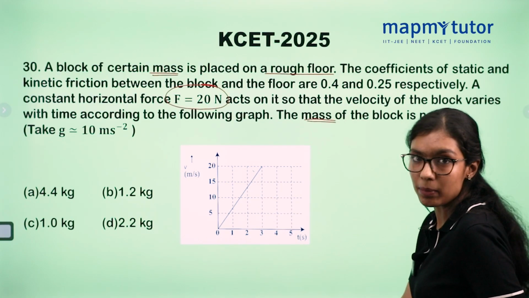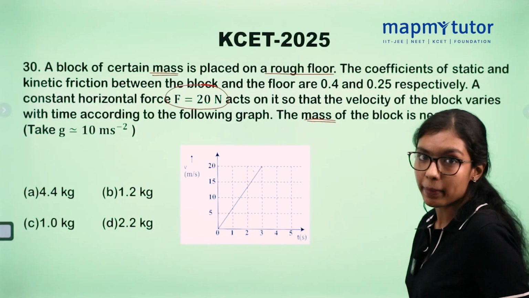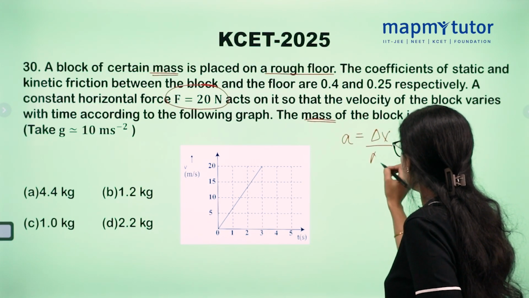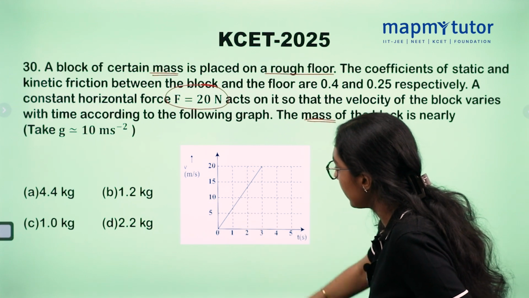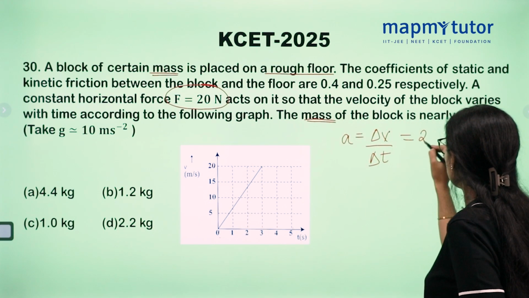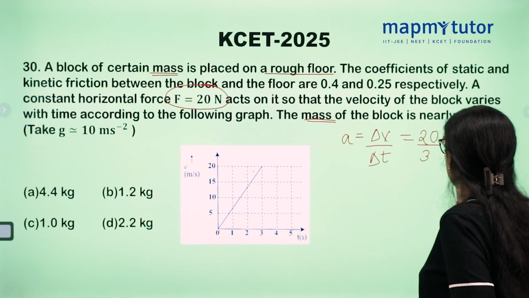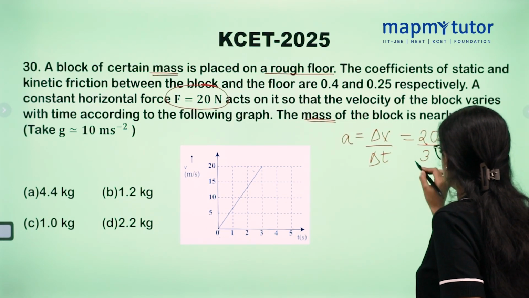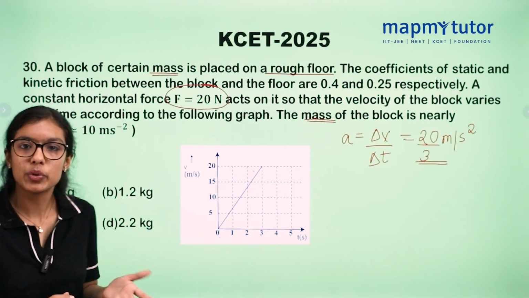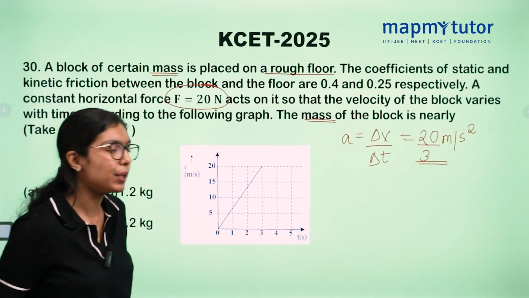Now velocity-time is given to me, so I can find my acceleration. Acceleration is delta v by delta t: 20 minus 0 over 3 minus 0, so that will be 20 by 3 meters per second squared. Now comes the force. We know F equals m into a.